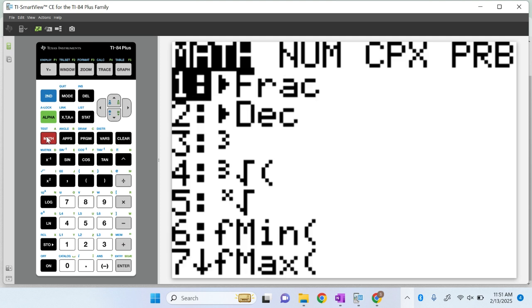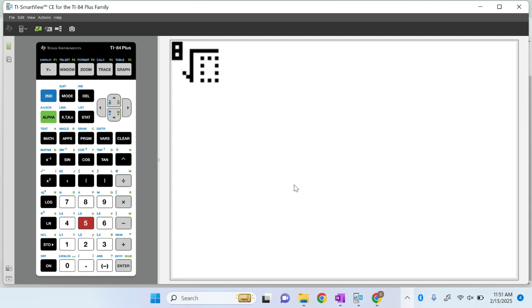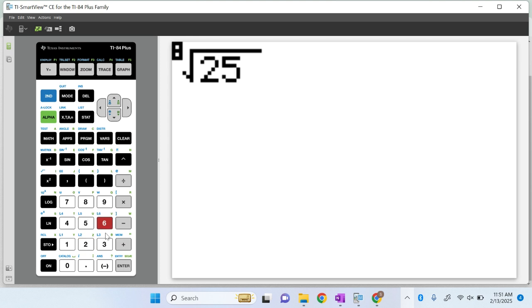Now you should get a list like this. Do you see how at number 5 it has an X and then some radical symbol? That's the symbol you use to create whatever type of root you want. So you click number 5, and now you've got an eighth root. Now all you have to do is type 256 under it. So 2, 5, 6, hit enter.